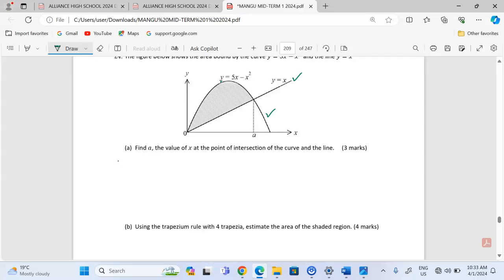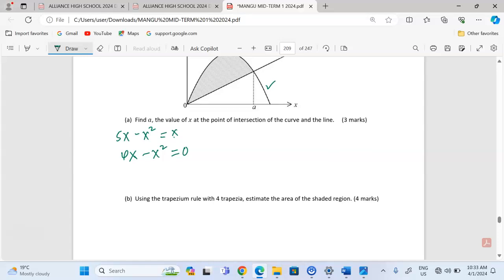Therefore, we can equate 5x minus x squared and x, and group like terms together: we bring x over to have 4x minus x squared equals 0. Now we factor out x, and we remain with x times 4 minus x equals 0. So x is either 0 or x equals 4.